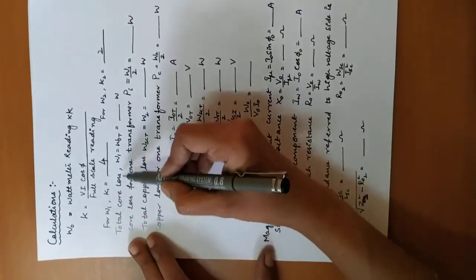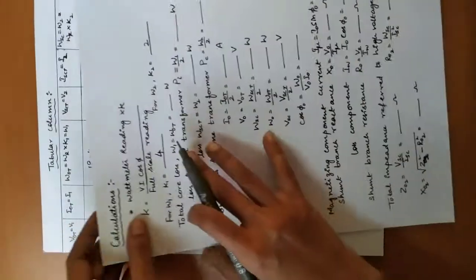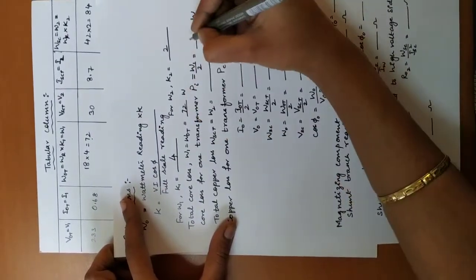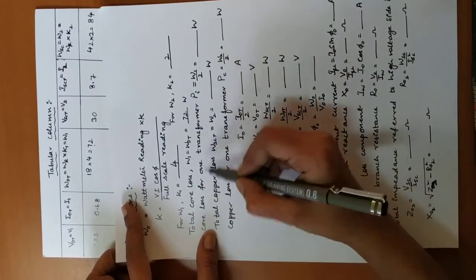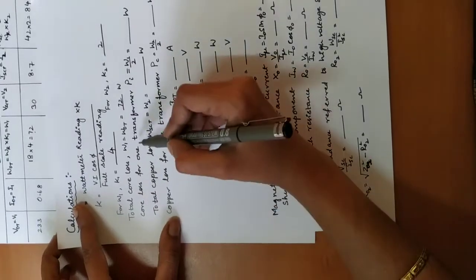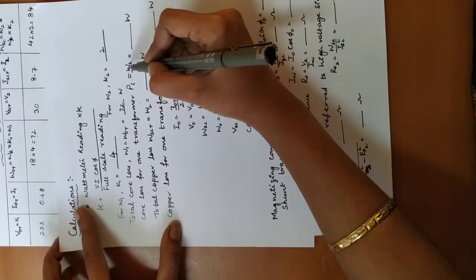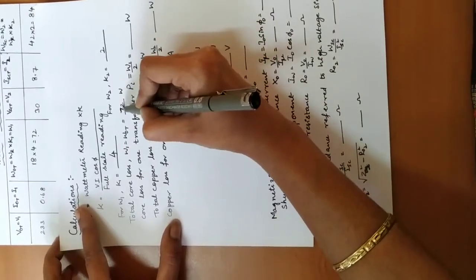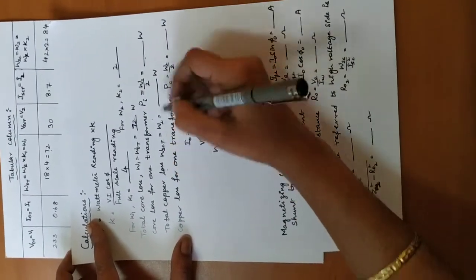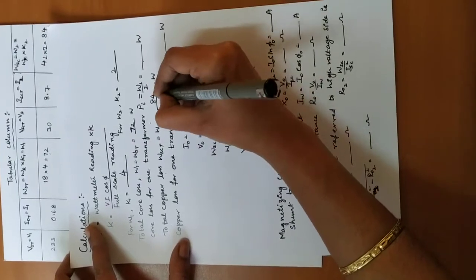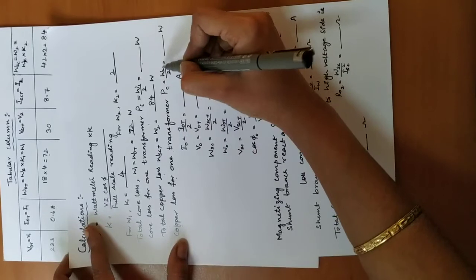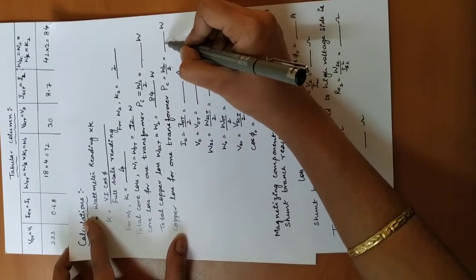So total core loss, that is W0T, will be the value we have got as 72. We have to take this for each transformer. We are utilizing two transformers. Therefore core loss for one transformer will be half of this value, so 72 divided by 2. Then similarly for the copper loss, WSC, we got the value as 84. Here also the copper loss for one transformer will be calculated, that is WSC divided by 2.